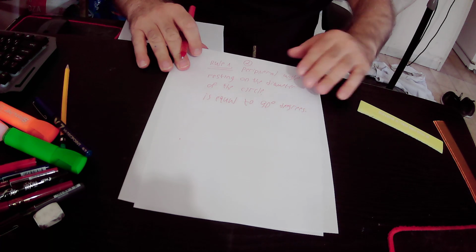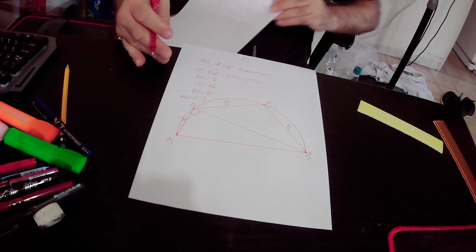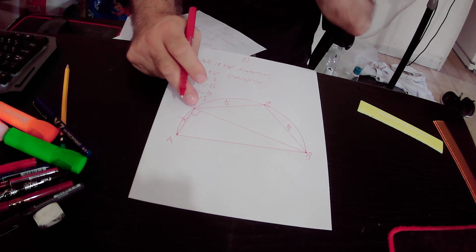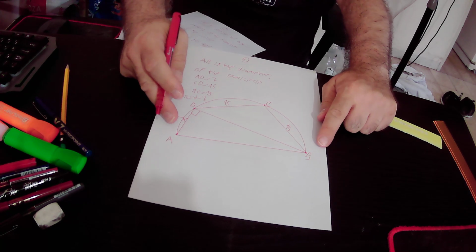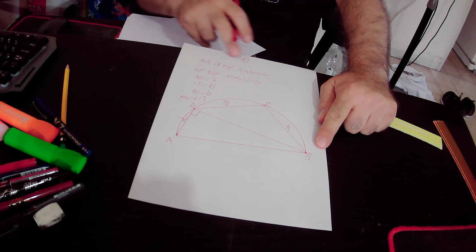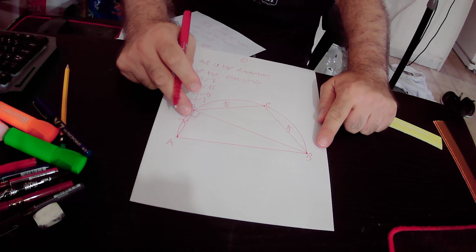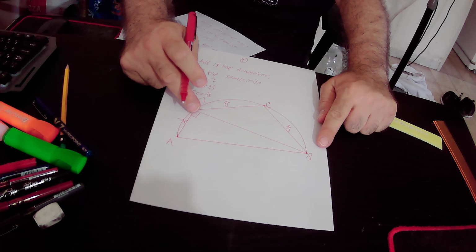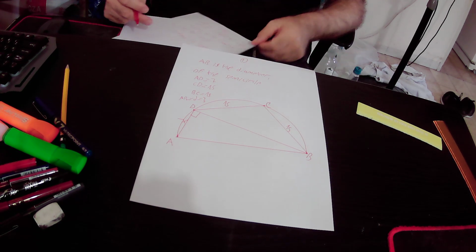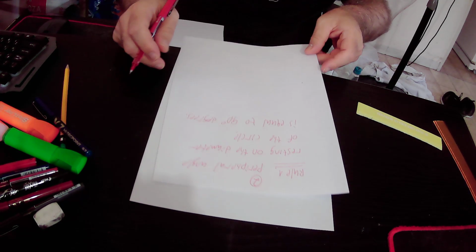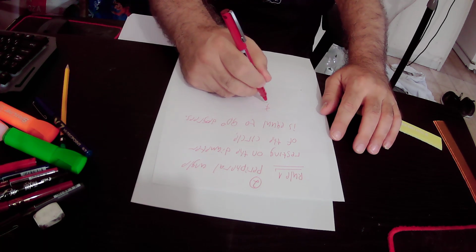Okay, so actually the peripheral angle ADB rests on AB, that is defined as the diameter of this semicircle. Therefore, according to rule number 1, angle ADB is a right angle, that is to say it equals 90 degrees.